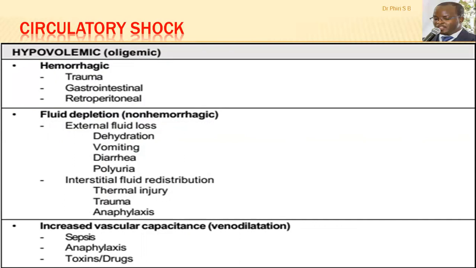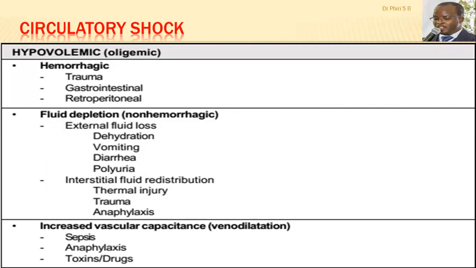So there are factors that can cause low blood volume. This hypovolemic shock is also called oligemic, which simply means a condition in which total blood volume is reduced, pointing to hypovolemic shock.